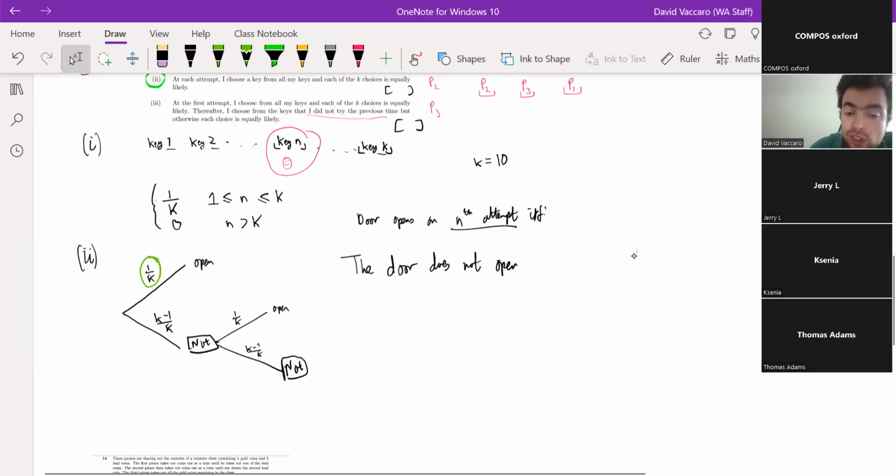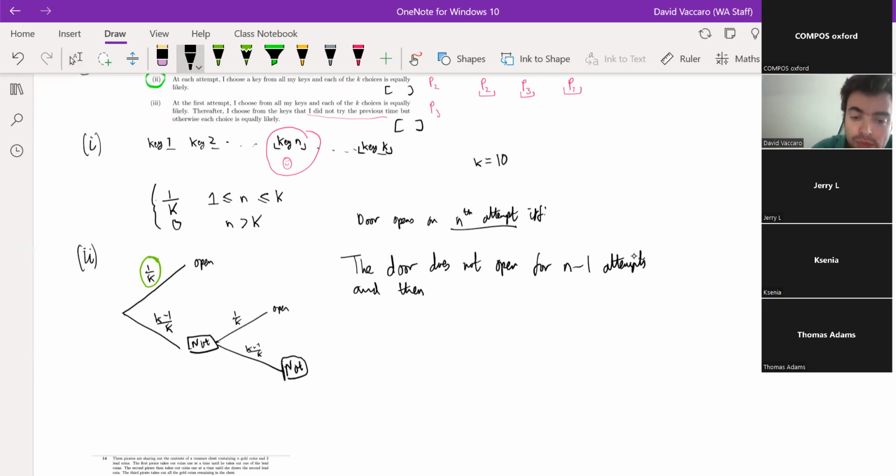So the door needs to not open for n minus 1 attempts, and then open. Each of those failures happens with probability k minus 1 over k, and so we get n minus 1 failures. And then we get one success at the end, which happens with probability 1 over k.